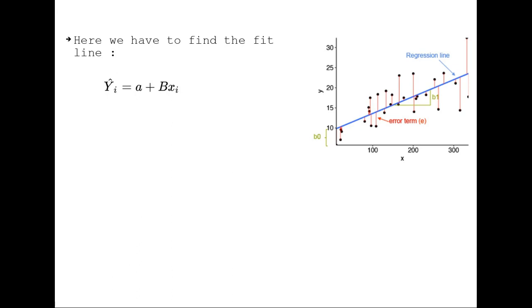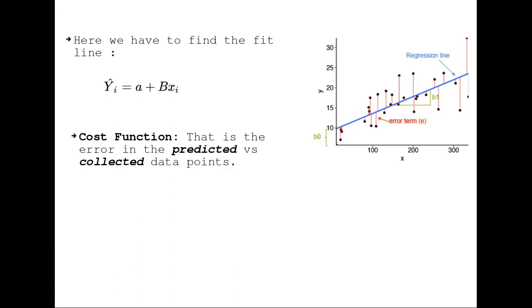Here we don't know a and b, those are the intercept and slope of that line. So that's what we need to find. If we find them, we can predict the line. What is the main purpose of finding a regression line? The reason is we have to minimize the cost. Here cost is the difference between the actual value and the predicted value.